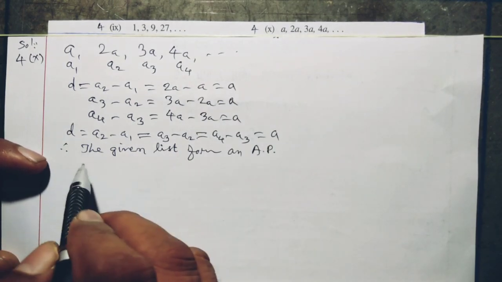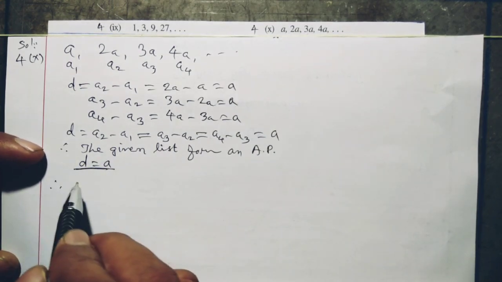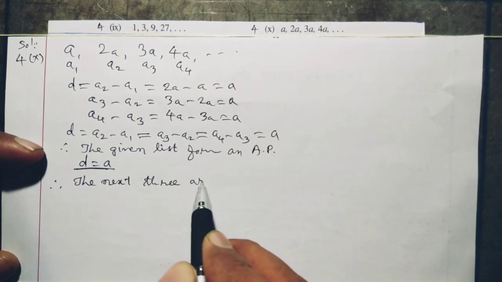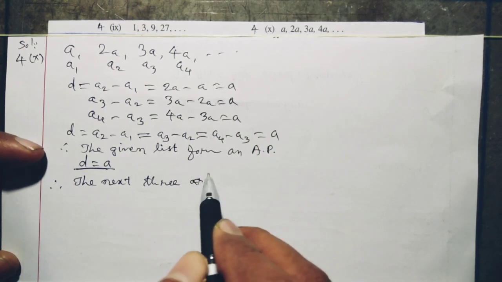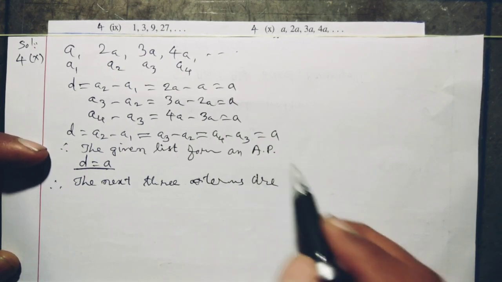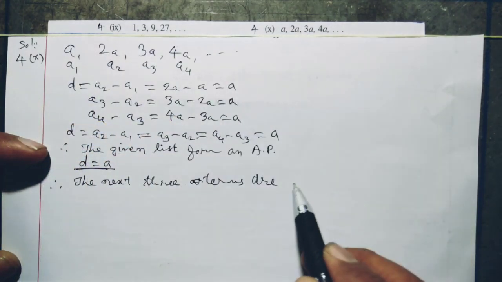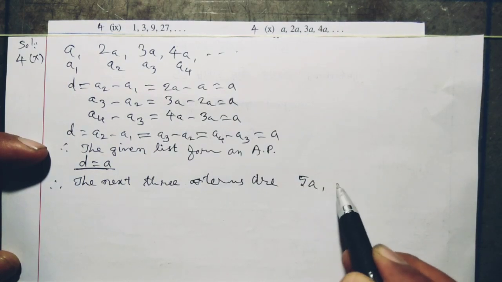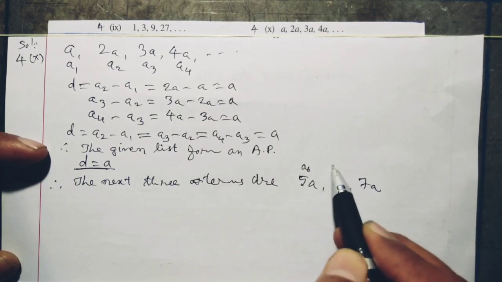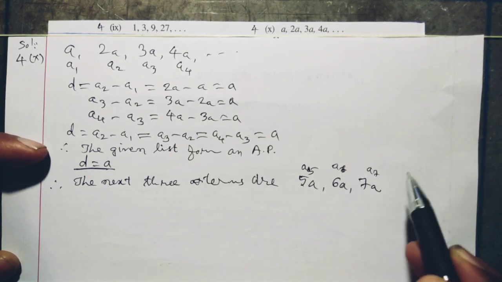Common difference d is equal to a, and the next three terms are, by observing only, without calculating, we can write: a, 2a, 3a, 4a, 5a, 6a, 7a. This is the 5th term, 6th term, 7th term.